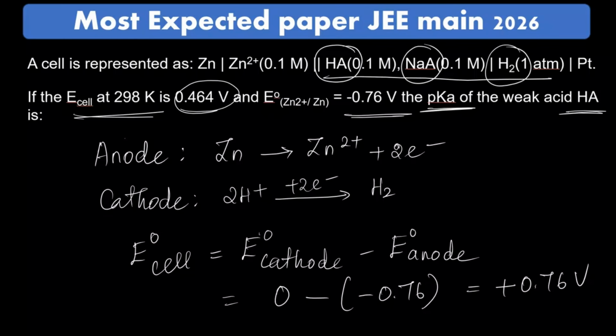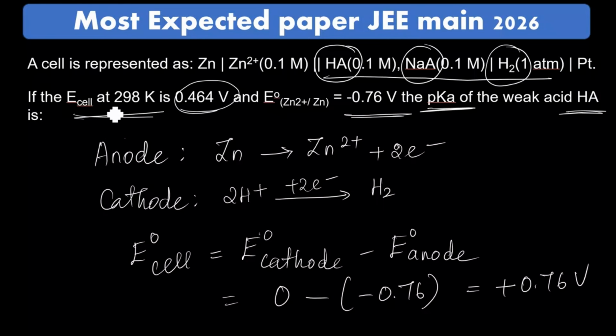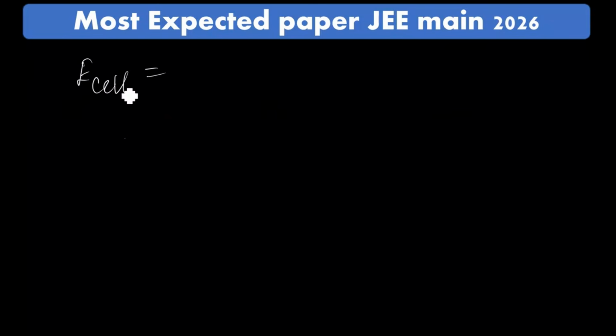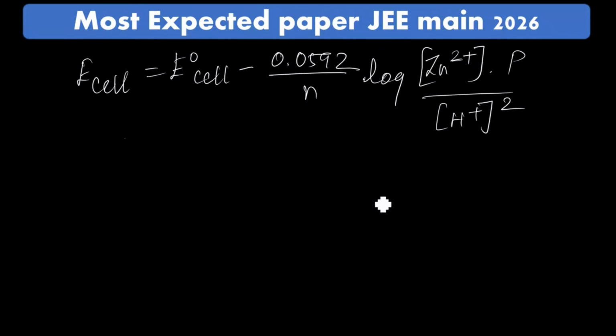Now let's substitute it in the Nernst equation. Here they have mentioned the pressure and temperature also. So accordingly we have to put the Nernst equation: E cell equals E naught cell minus 0.0592 by n log of zinc 2 plus concentration into pressure by H plus square, right? 2H plus is used.